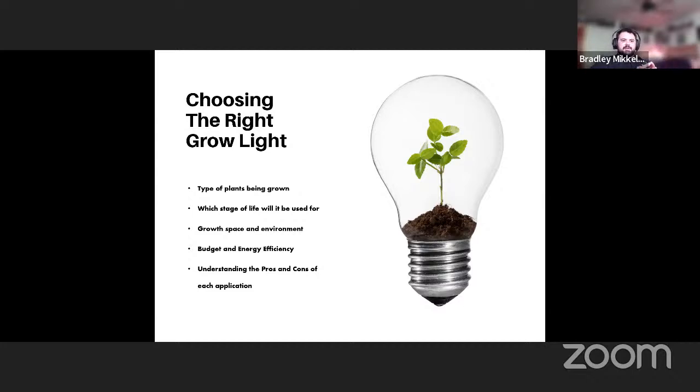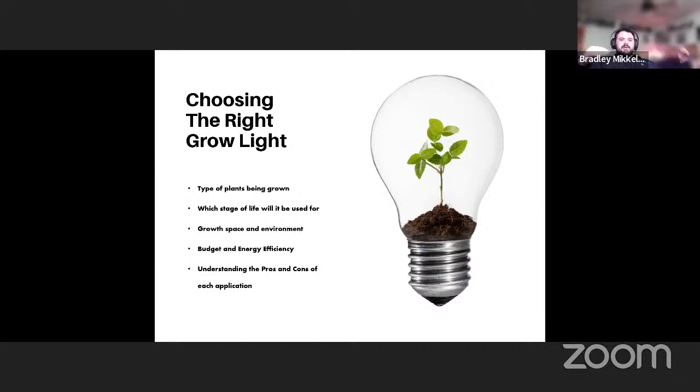Now, say you're trying to do your spare bedroom, and that bedroom is 8 foot by 8 foot across with an 8 foot ceiling. A room of that size, you are going to want something with more intensity. And so, using a high intensity discharge bulb or a high wattage LED is going to be more efficient, and you're going to get better production out of that space.